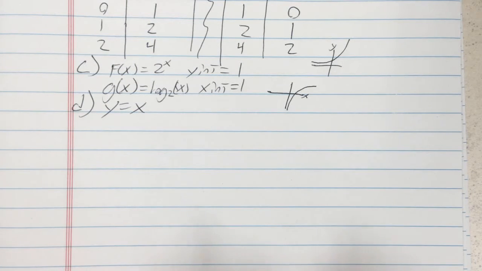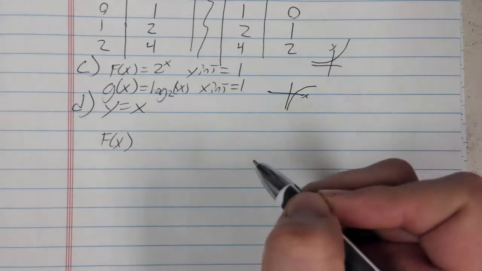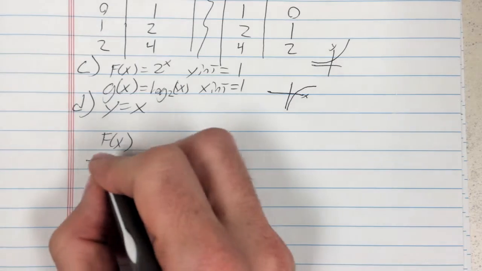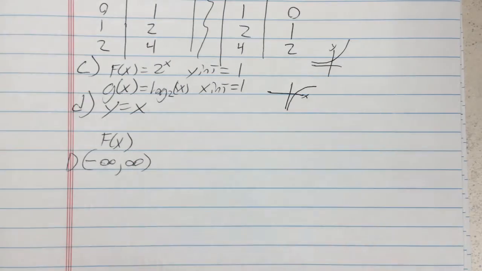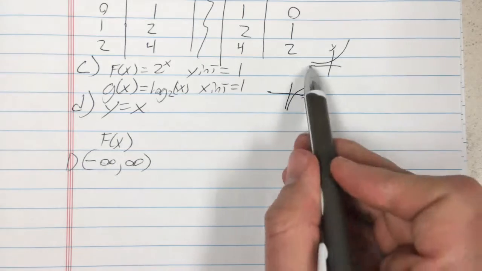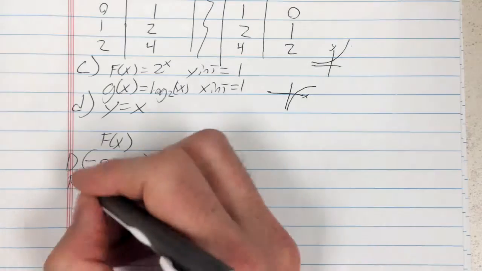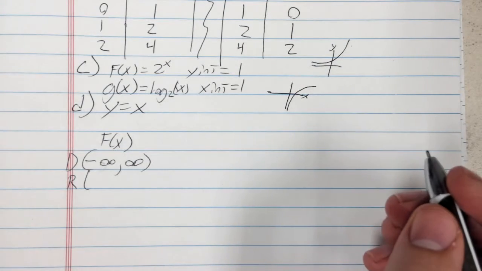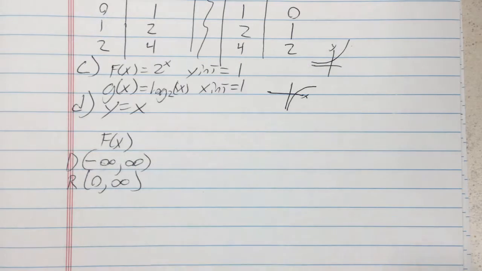Alright, E, domain. So for f of x, the exponential, exponentials always go from negative infinity to positive infinity. The range, if there's been no change, if it hasn't been moved up or down any, is from 0 to infinity.